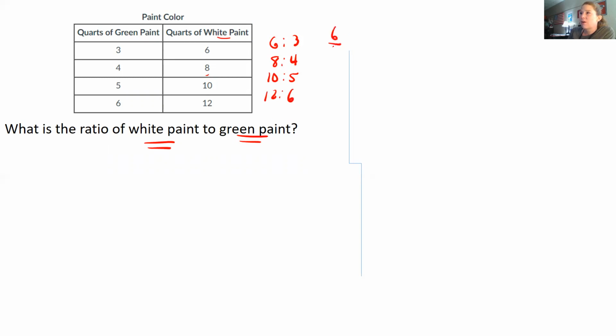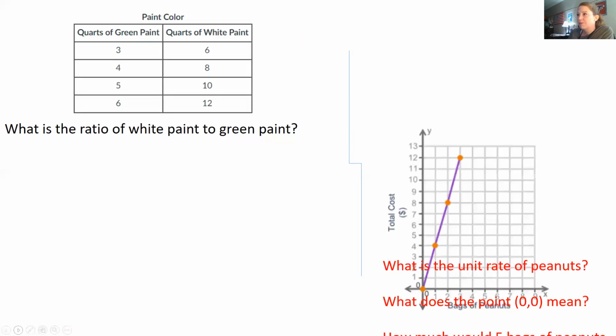If I wrote them all as fractions, what would they all simplify to? They would all simplify to 2 to 1. 2 quarts white paint to 1 quart green paint. So that's the answer. The ratio in simplest form of white paint to green paint is 3 to 1. And it's because all of those quantities are equal.